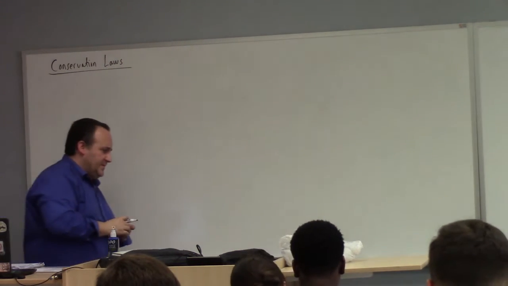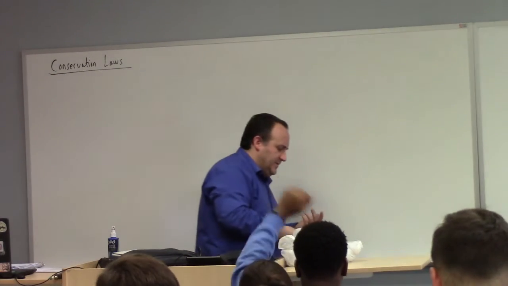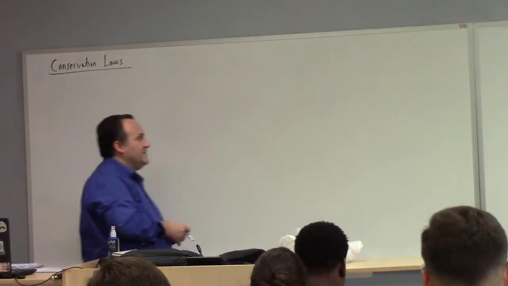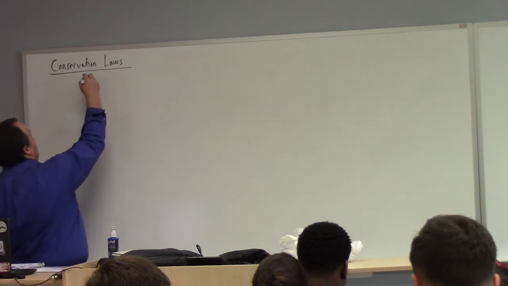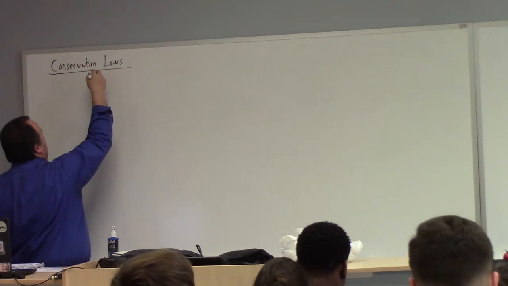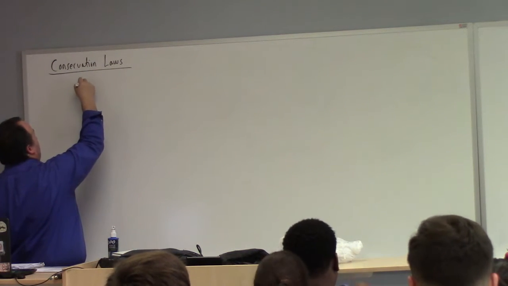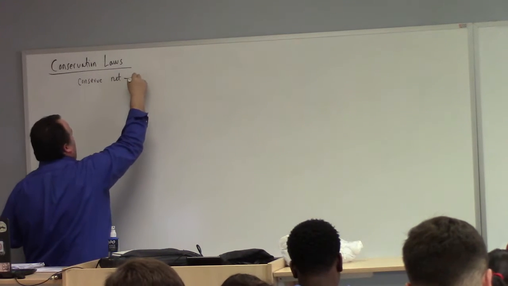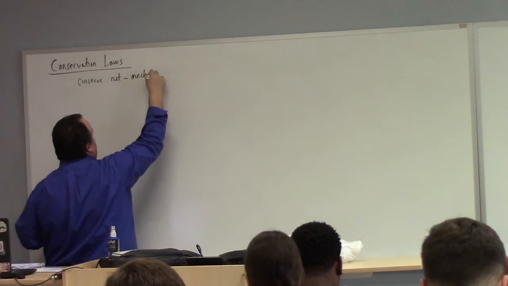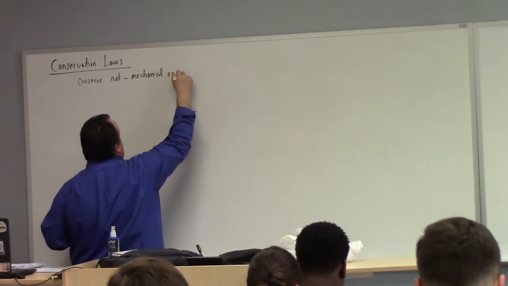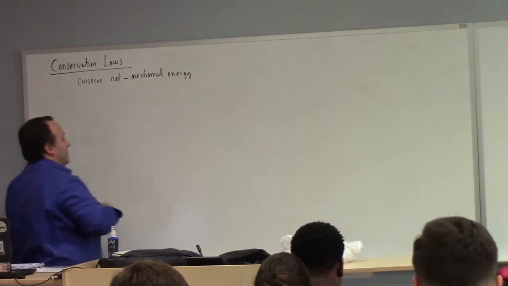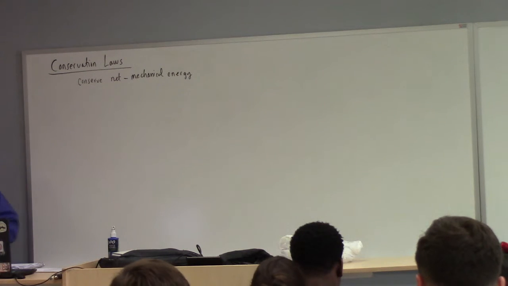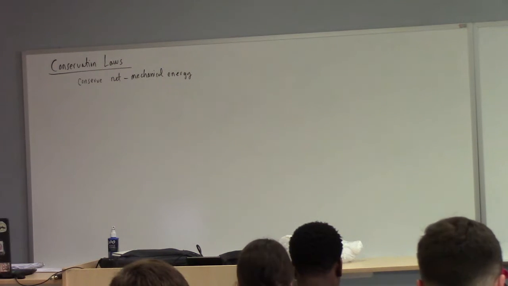Let me talk a little bit, just in the abstract, about conservation laws. So at this point, we've proved that we want to conserve net mechanical energy, right? We've looked at some of that, like the rotational plus the kinetic for some systems that we want to conserve.